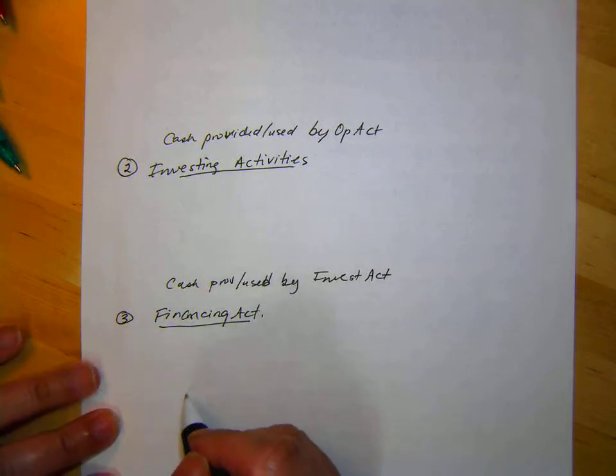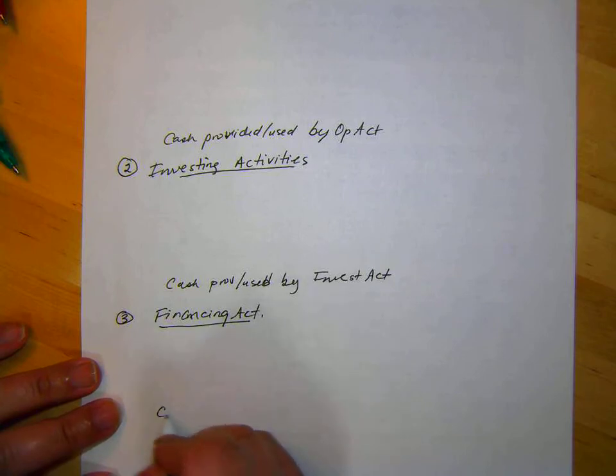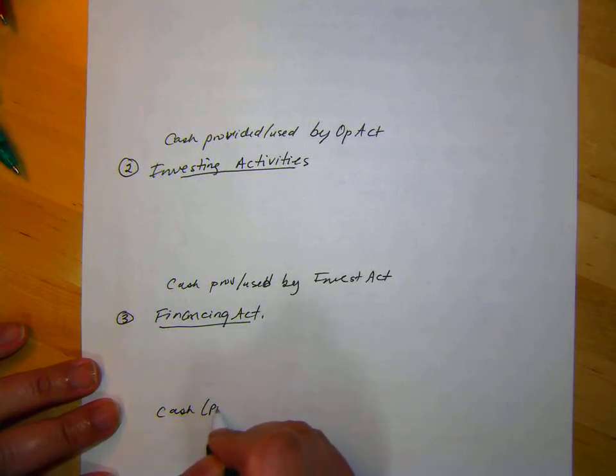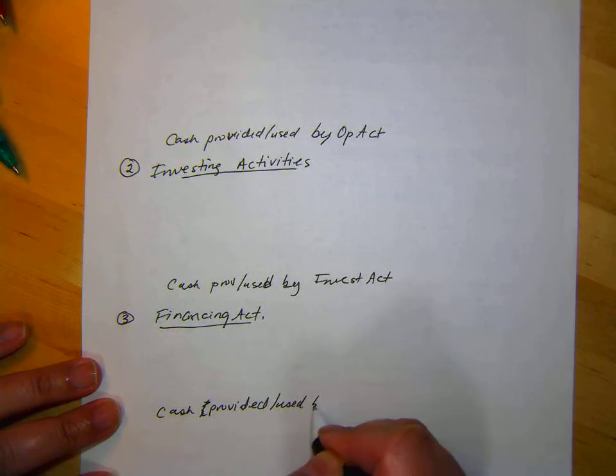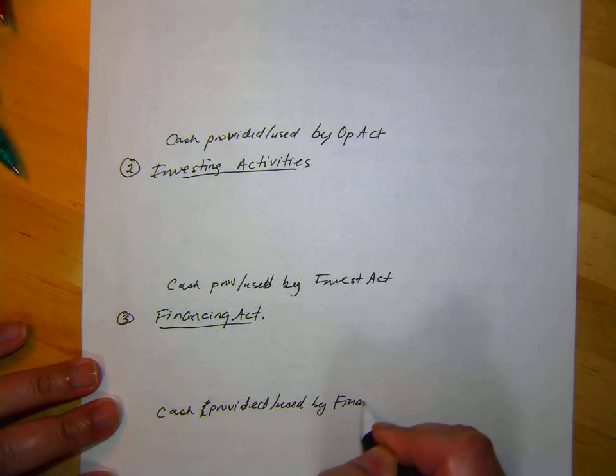You're going to list all the things, and then you're going to have cash provided or used by financing activities.